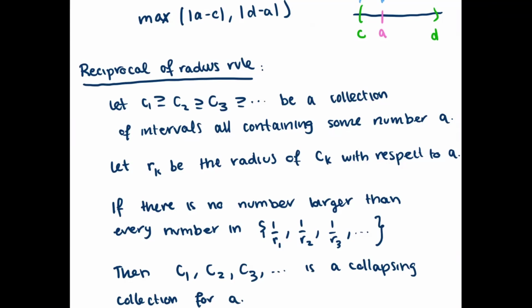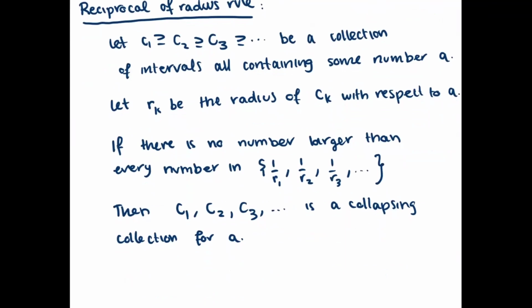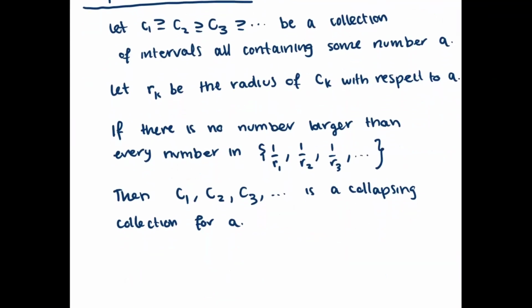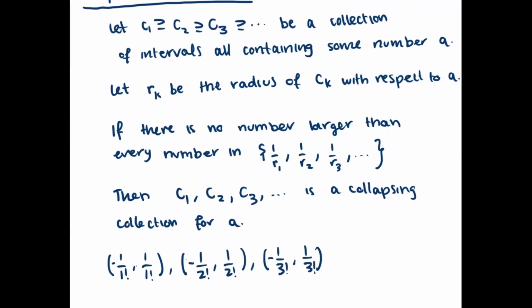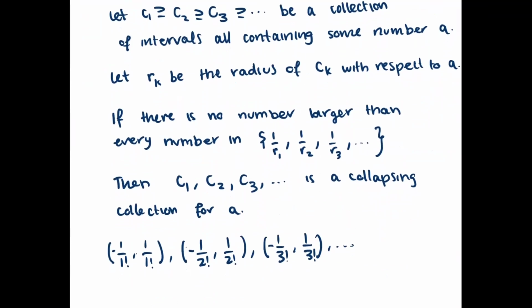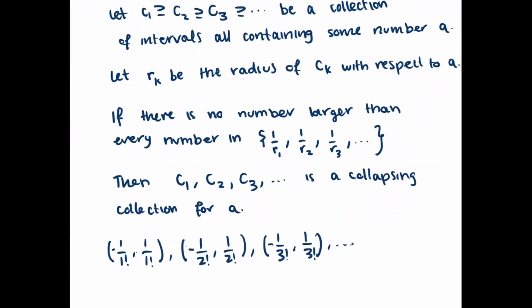Okay, so here's an example of how this might be used. Earlier I wrote down the one with factorials. Then the radii are 1 over k factorial.